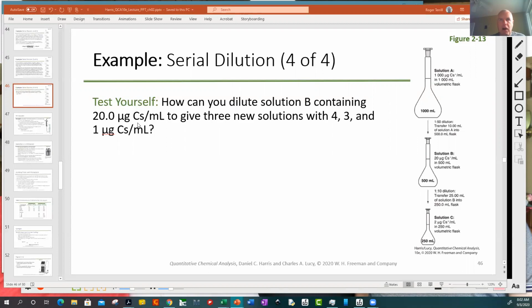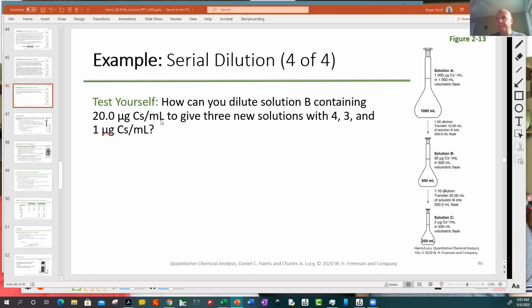Micrograms per milliliter is a part per million. Why? Because a milliliter of water is 1 gram, and 1 microgram is 1 millionth of a gram. So this is 20 parts per million.